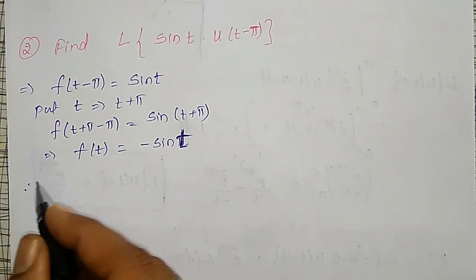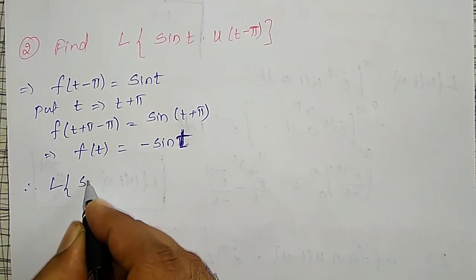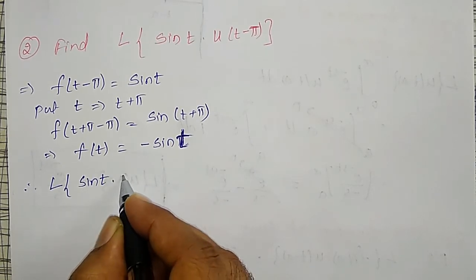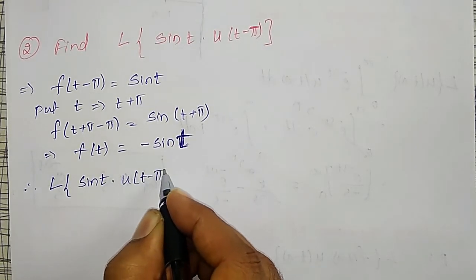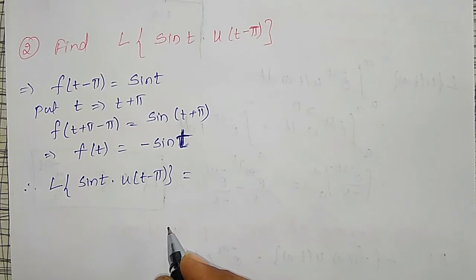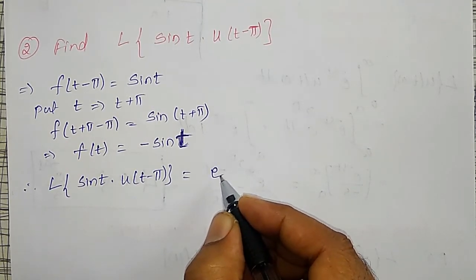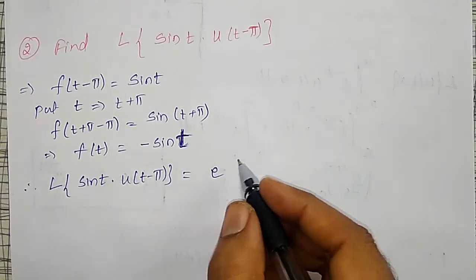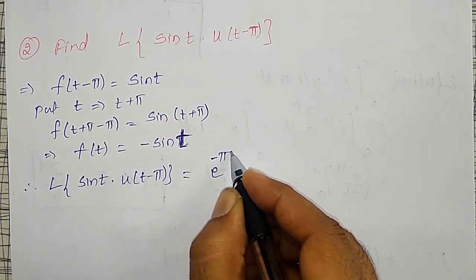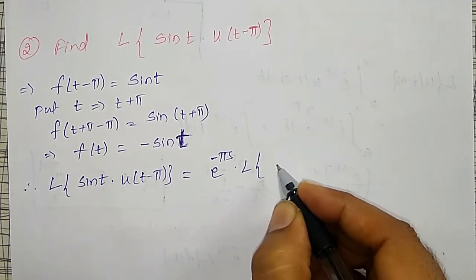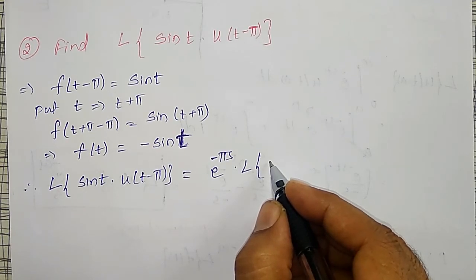Therefore, the Laplace transform of sine t into u of t minus pi, I can write as equal to e to the power minus as, where a is nothing but pi here. Therefore, e to the power minus pi s into the Laplace transform of f of t.